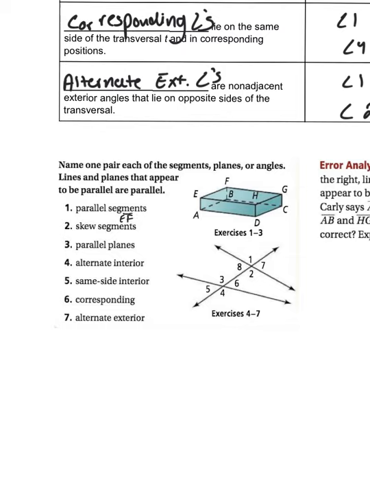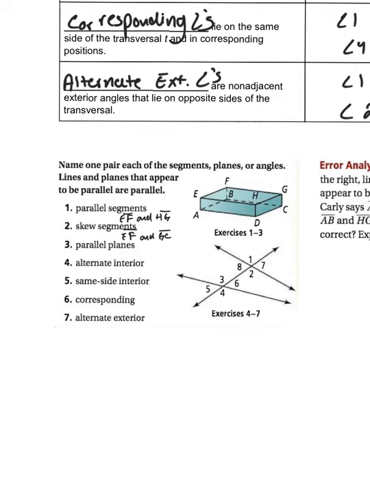And two skew segments are EF and GC. Remember, skew lines are lines that do not intersect, aren't parallel, and do not lie on the same plane. So here, EF and GC would be skew lines.